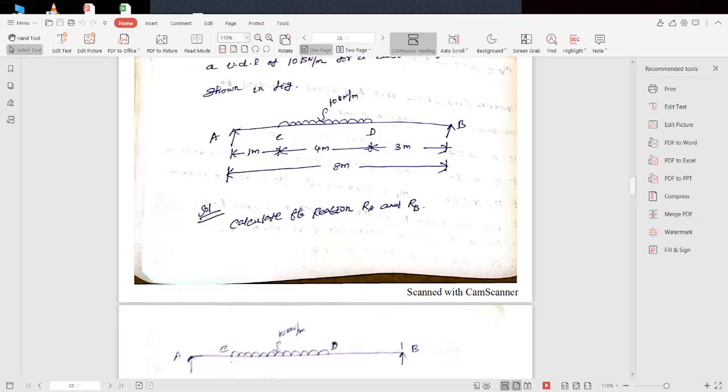The distance from the center of this portion is 4 by 2, 2 meter, plus here 1, total 3 meter. So this 40 into 3 meter is another load into distance. So here this load into distance is minus RB into 8, and here 40 into distance 3. So minus RB into 8 plus 40 into 3 will be equal to 0. That is sum of the moment at A equal to 0.